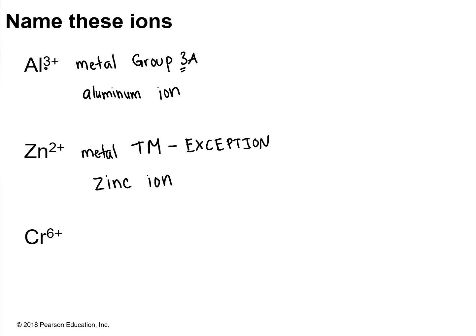There you go. The third one, again, it's a metal. Big surprise. It is also a transition metal, but it's not an exception. That means that we should use the stock system.